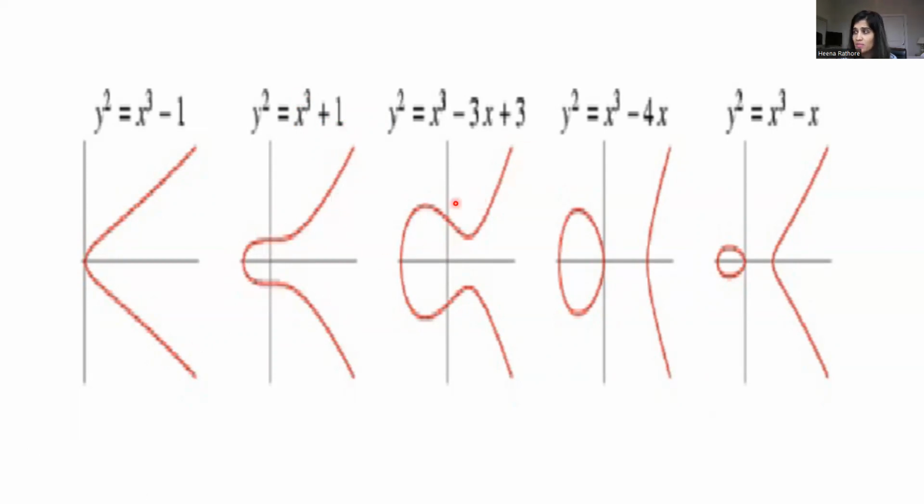All of them are very symmetric. Now with -3 and +3, you will get a curve like this. When you substitute A as -4 and B value as 0, you will get a curve like this, and so on.